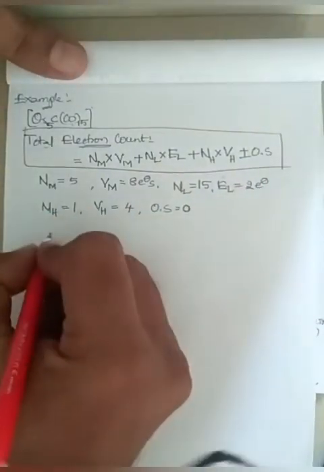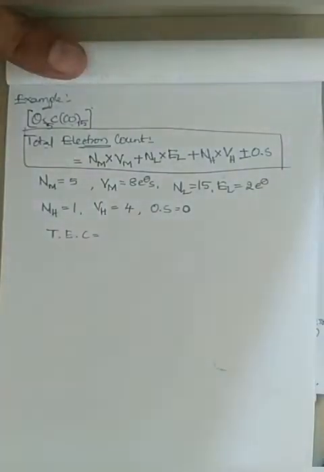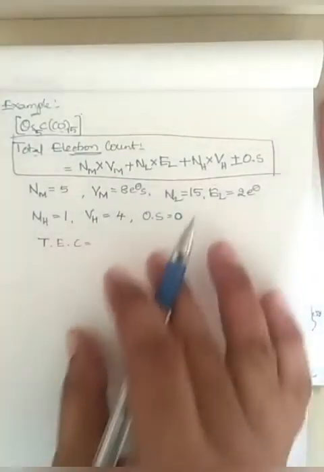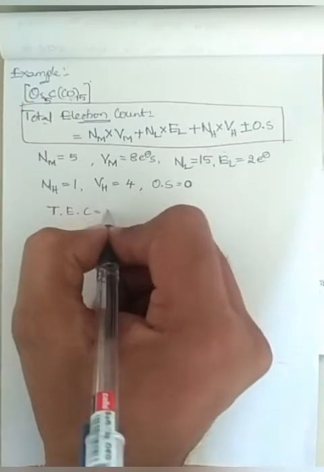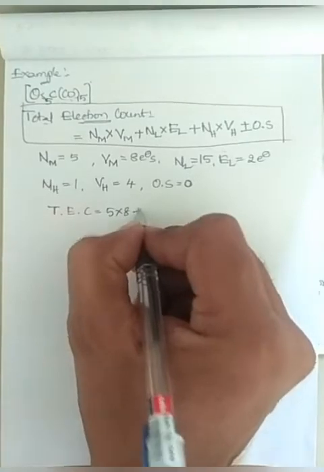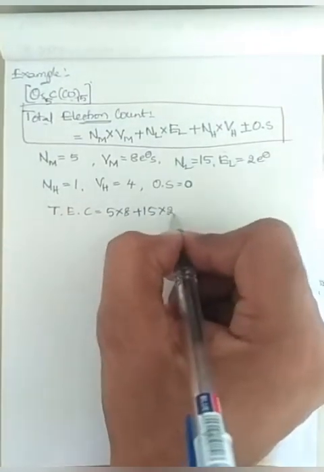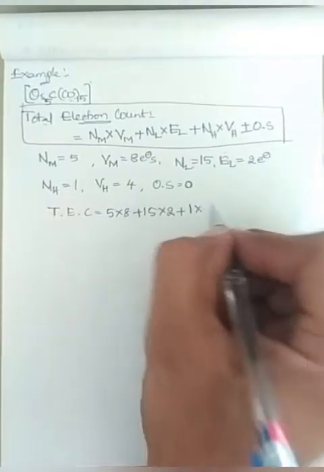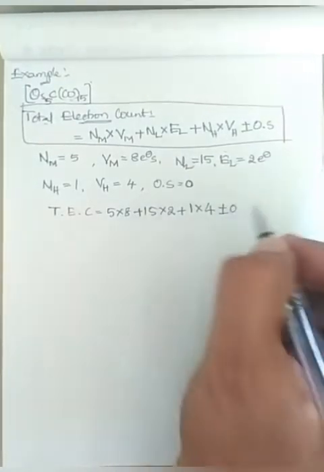So now the total electron count will be equal to 5 into 8, plus number of ligands 15 into ligand donated electrons 2, plus number of heteroatoms 1 into valency of heteroatom 4, plus or minus oxidation state 0.